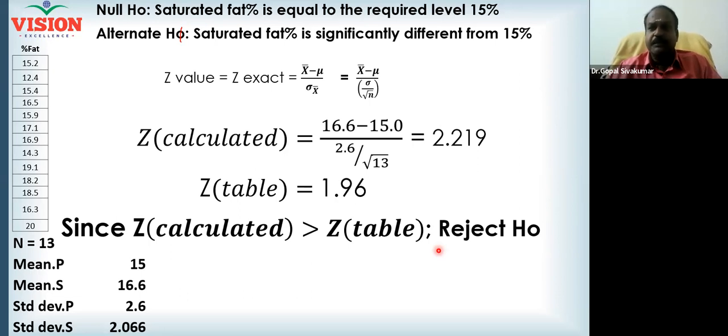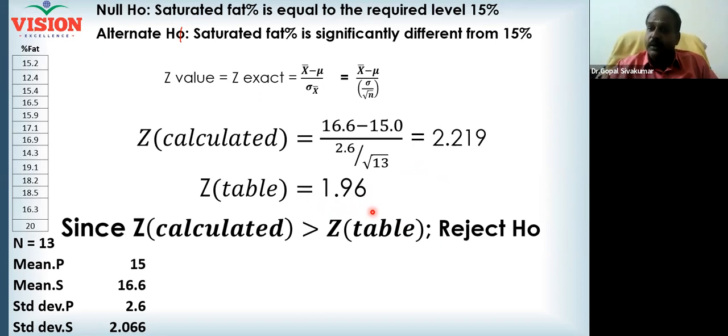The production must be stopped simply because the data from the process has generated a Z score which is beyond the permissible value. 95% of the time, any two-tailed process you are running in any company will produce a Z score of less than 1.96 only. But in this particular case, in your company, you are generating a Z score of more than 1.96.